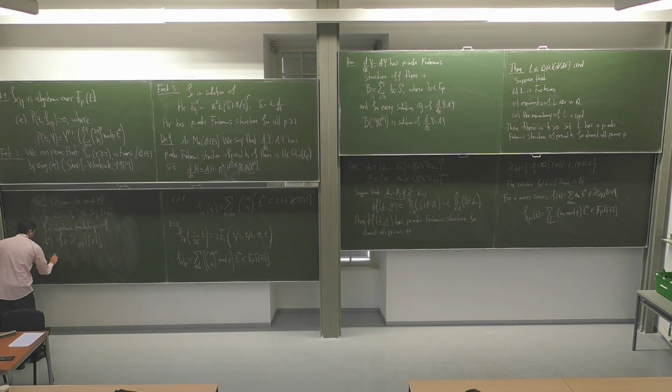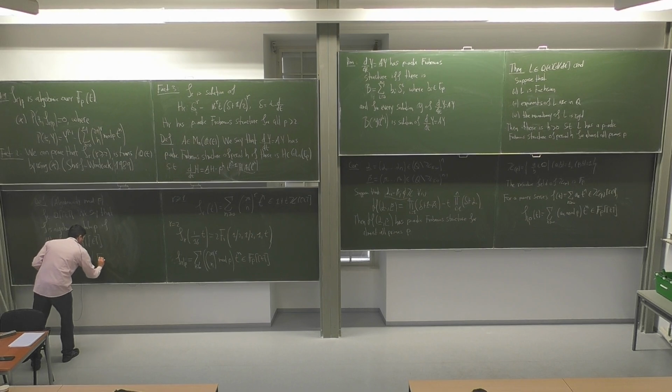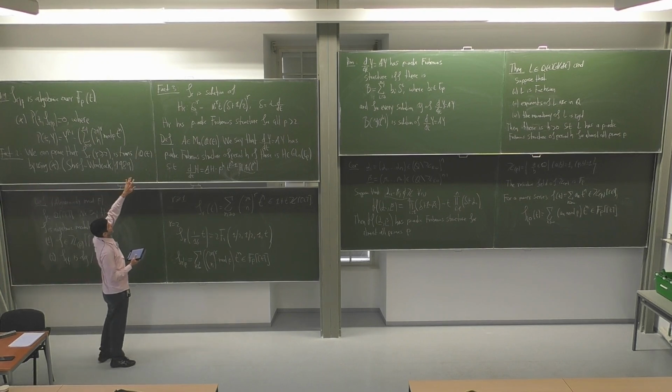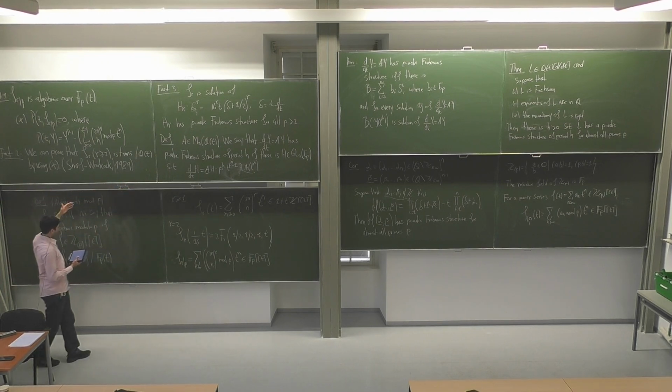And the reduction of F modulo P is algebraic over F_p(t). As an example, F_R for all R is algebraic modulo P for all prime numbers P.